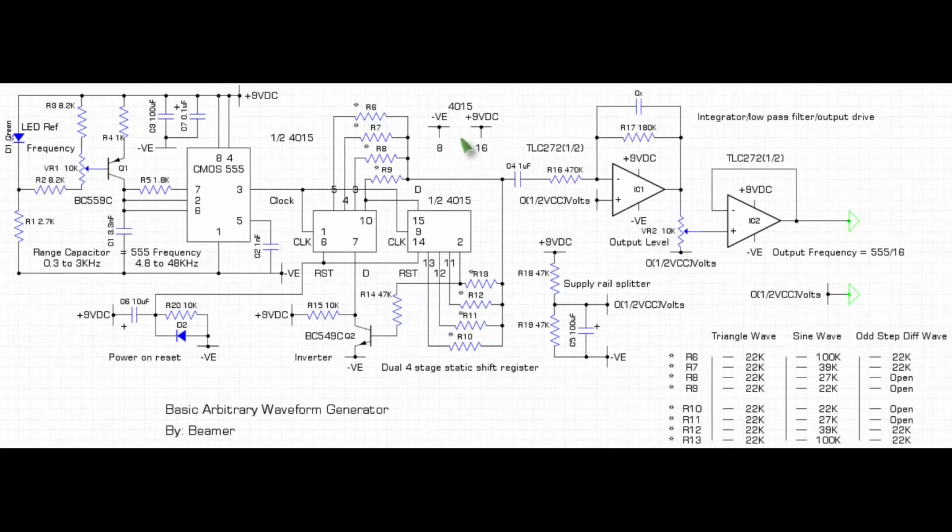The one thing you can't do is have 0 ohms across. In fact, anything less than 22k, you can't have a short circuit across these resistors, a short circuit there and a short circuit there, because you would effectively put an output of one register connected directly to the output of another register within the 4015.